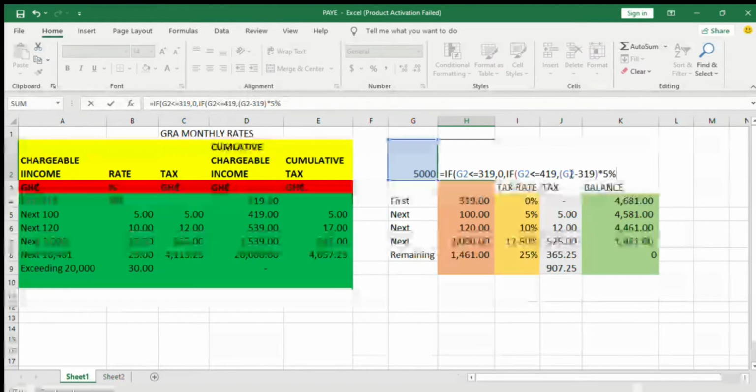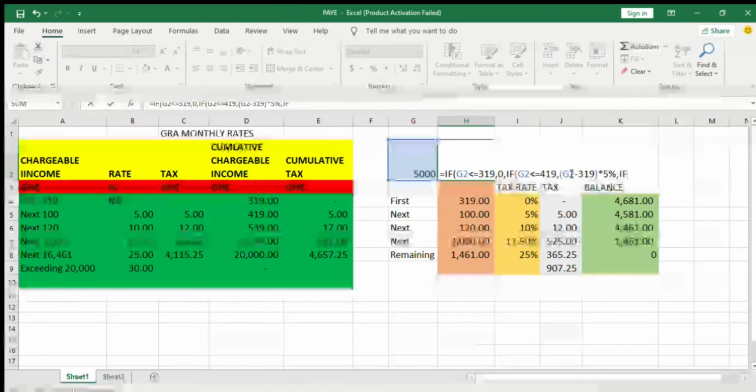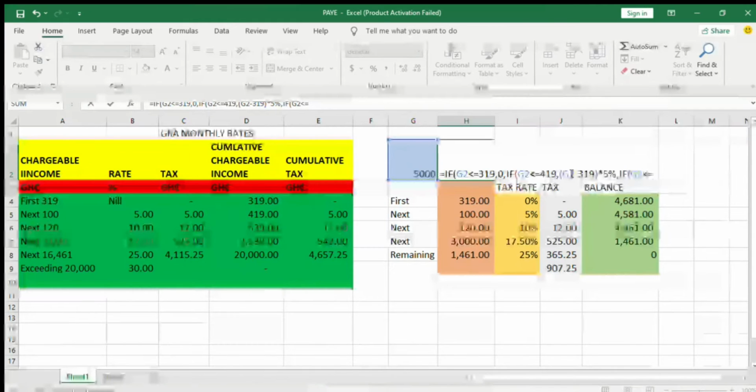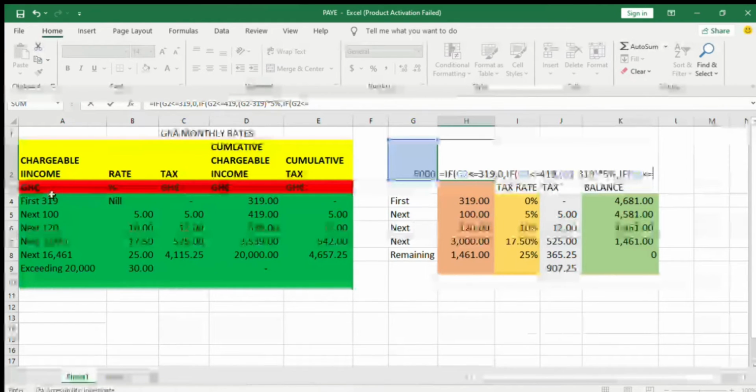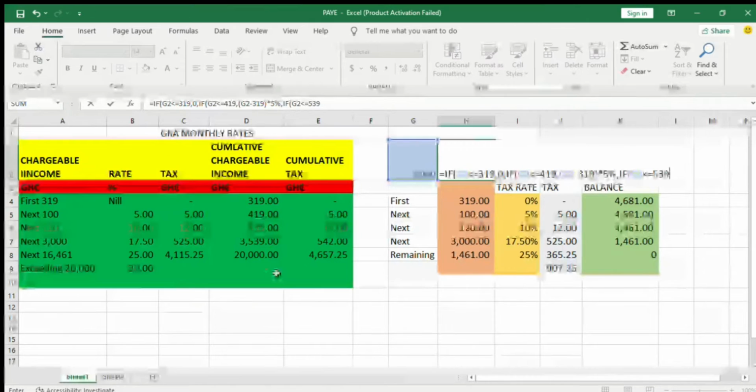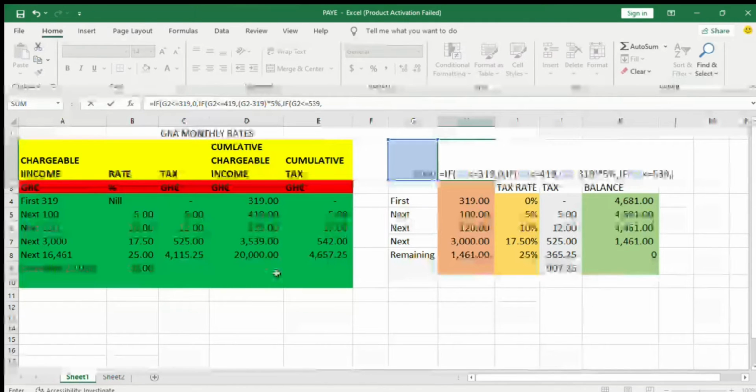Then you press your comma, you enter the next. So IF G2 again is less or equal to the next one, the next is the 120, the cumulative chargeable income is 539. So if G2 is less or equal to 539, what should we do? So we should remember that at this level we have an accumulative tax of 5 Ghana cedis.